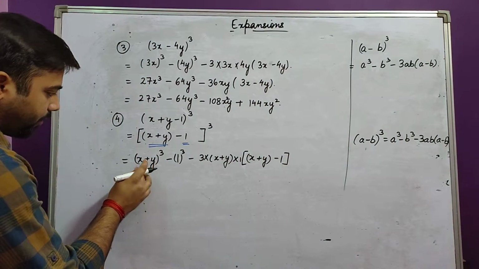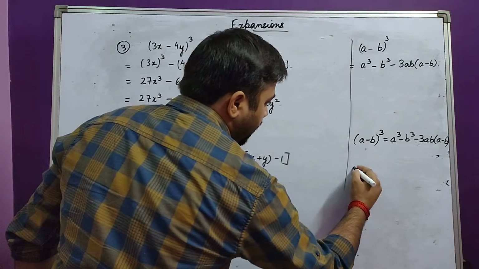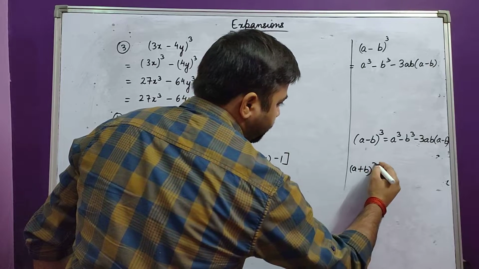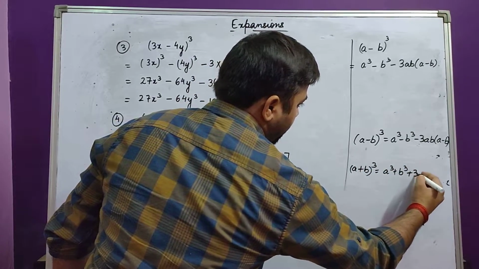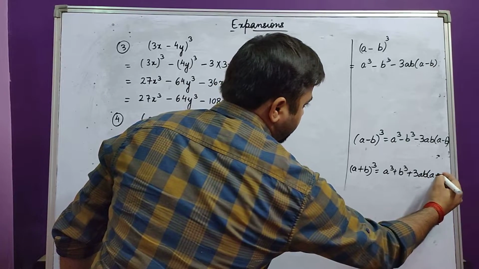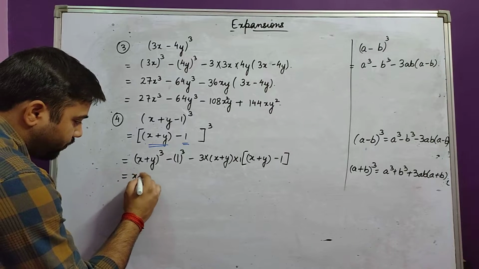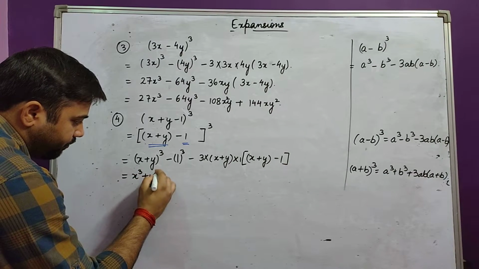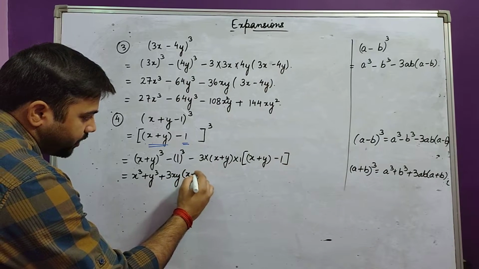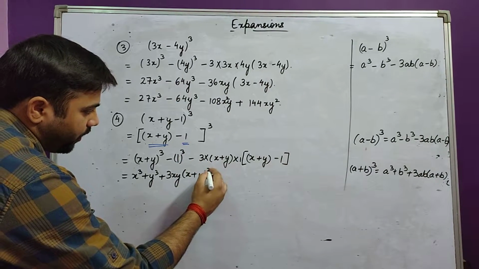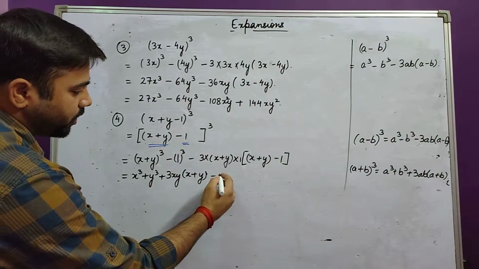Moving further, we can apply the formula of (a plus b) whole cube. It comes out to be a cube plus b cube plus 3ab within the bracket (a plus b). Okay, x cube plus y cube plus 3xy within the bracket (x plus y). 1 cube, what is 1 cube? 1 cube is always 1.